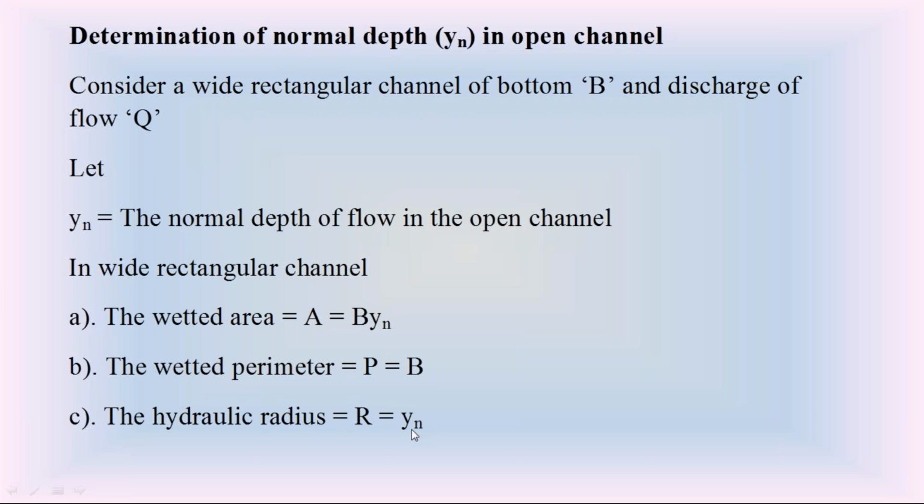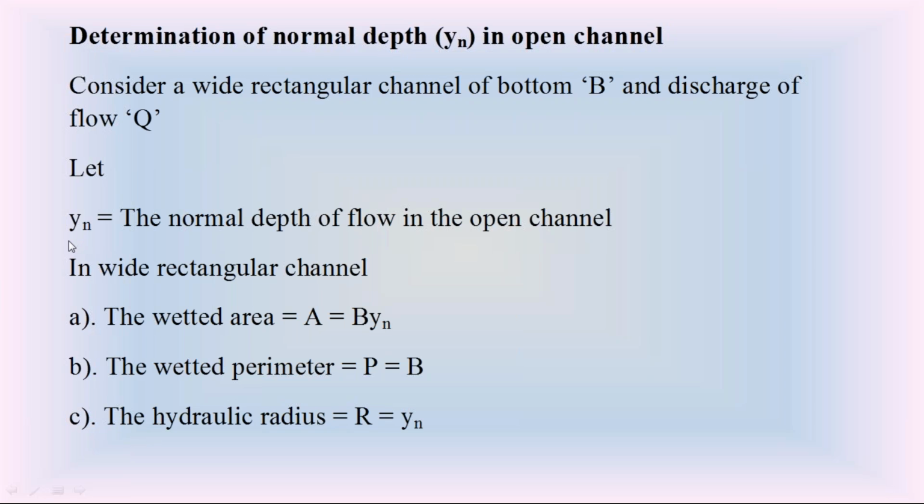So to discuss the determination of normal depth Yn in the open channels, first we consider the wide rectangular channel of bottom width B having the discharge of water flow Q. In that wide rectangular channel, take Yn as the normal depth of flow.